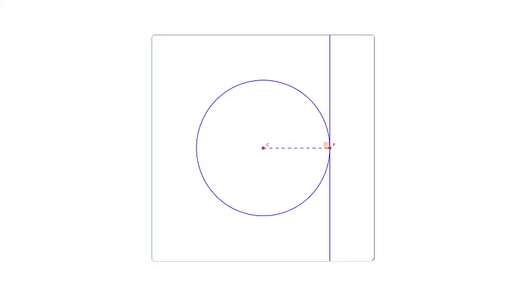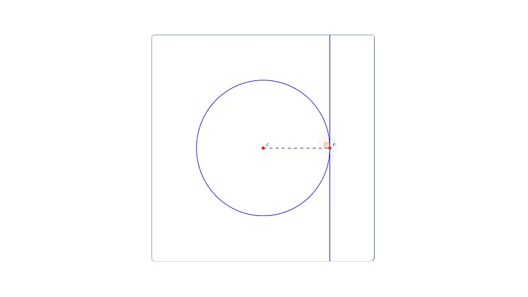So here I have a circle centered at point C, and I have point P on the circle and a tangent line graphed at P. You can see that the radial line, which is the line connecting a point on the circle to the center, is 90 degrees to the tangent line.